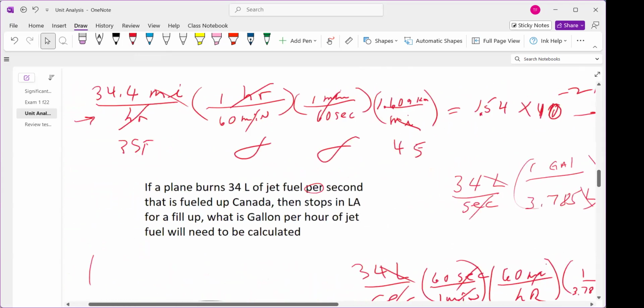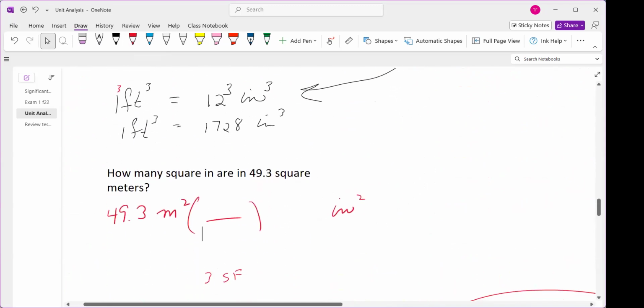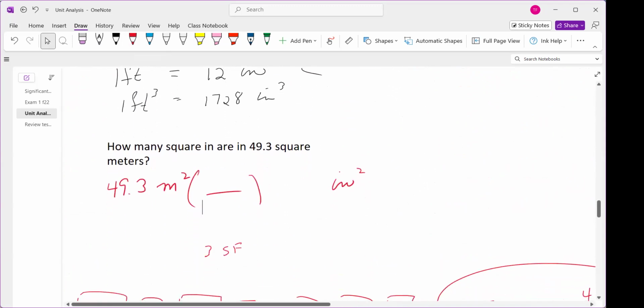Okay, so instead of going meters to inches directly, let's go to, what's another? Is there a meter to feet there?